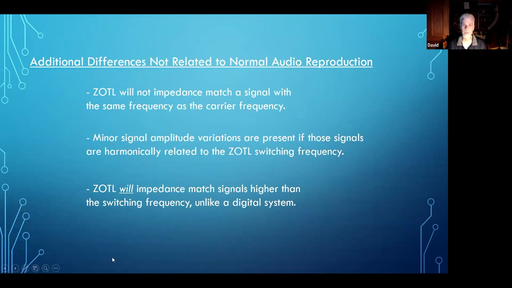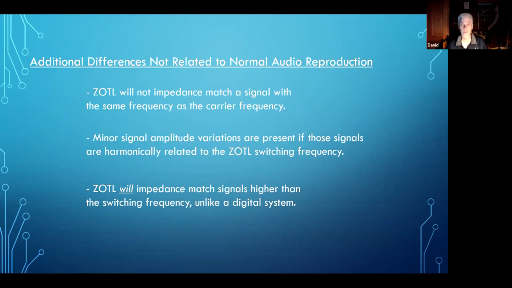So here are some additional differences that are not related to normal audio reproduction, but they're worth mentioning. As I say, they don't affect the audio, but they're interesting side comments to make. The ZOTL will not impedance match to a signal at the same frequency as the carrier frequency.